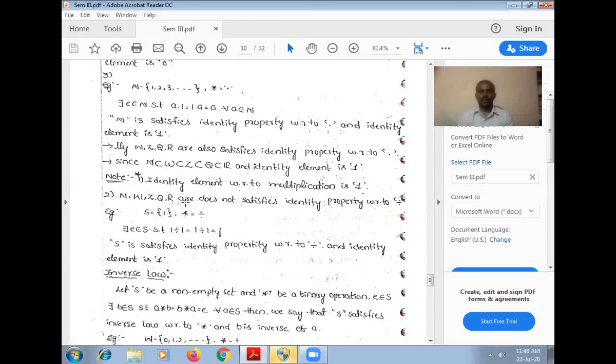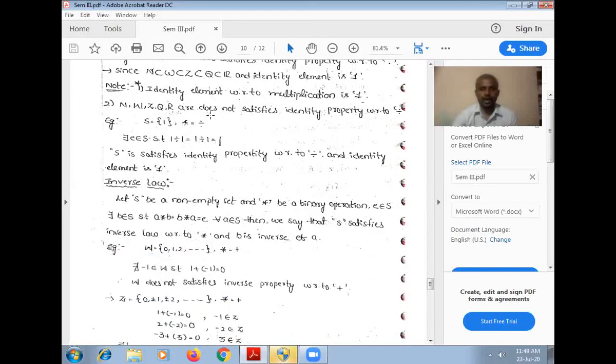A plus 0 equal to 0 plus A equal to A. Similarly, you can multiply any element with 1, we will get the same value. So A dot 1 equal to 1 dot A equal to A. So 1 is the identity element with respect to multiplication and 0 is the identity element with respect to addition. So it is the identity law.